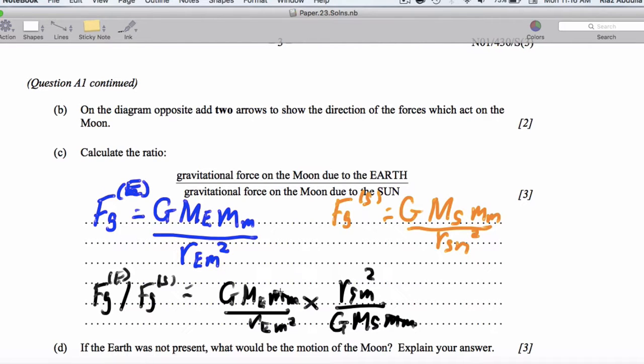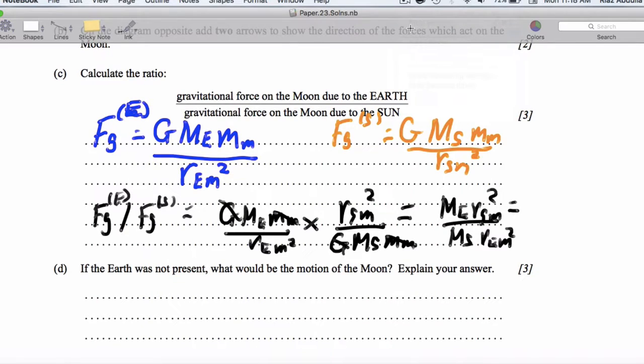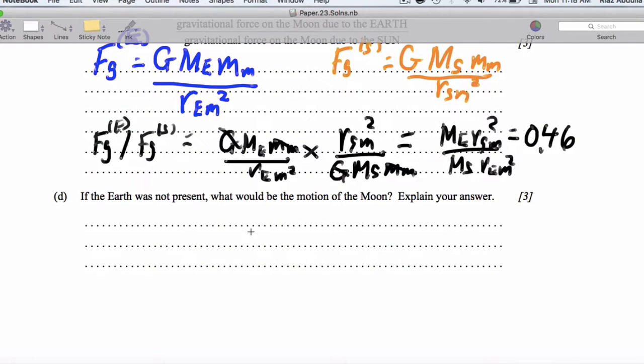We get some cancellation, and we end up with M_E R_SM squared over M_S R_EM squared. When we put in those numbers, I'm getting a ratio of about 0.46. Okay, no units.